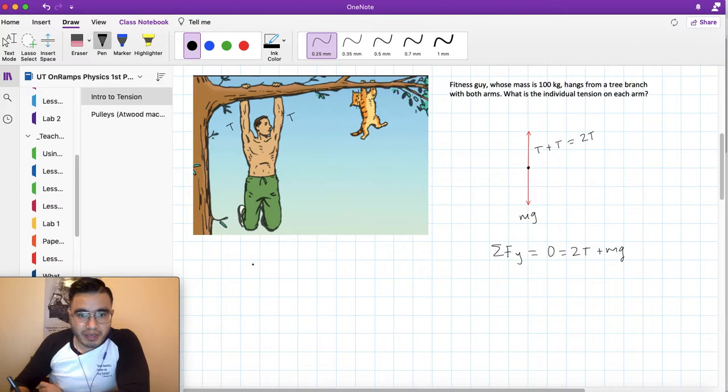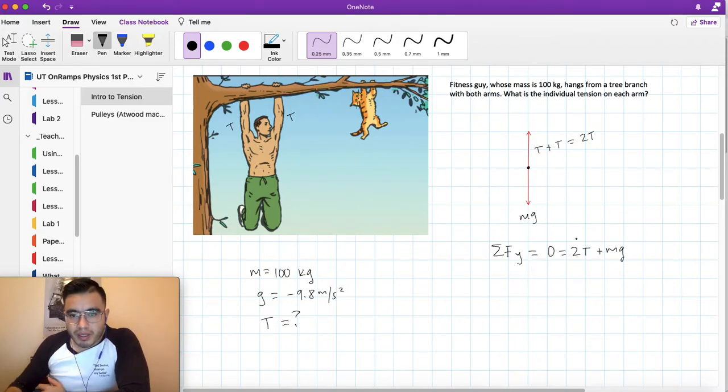Now let's write down our given. We know that the mass of fitness guy is 100 kilograms. Acceleration due to gravity will be negative 9.8 meters per second squared. We're looking for tension T. Let's take this part of the equation. 0 is equal to 2T plus mg. I'm going to subtract mg from both sides.